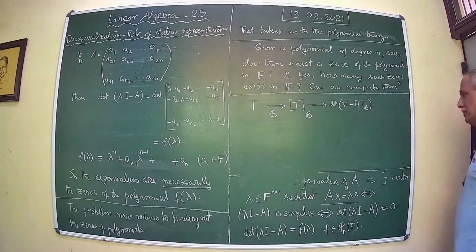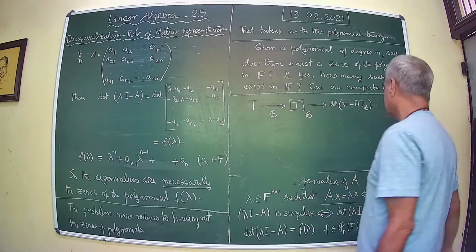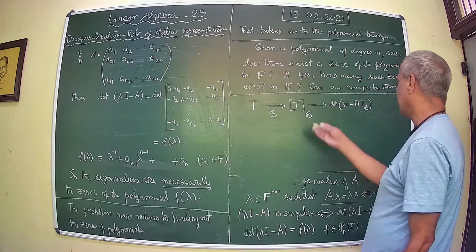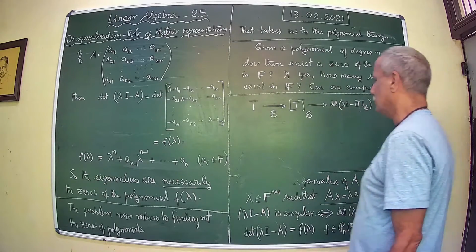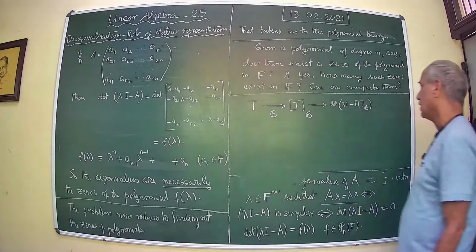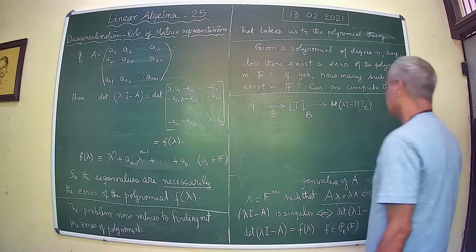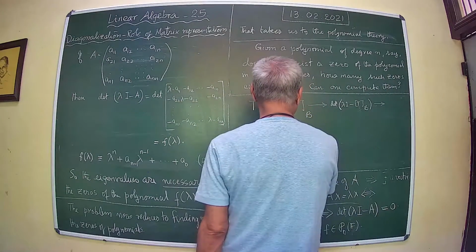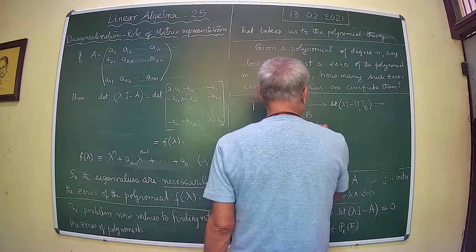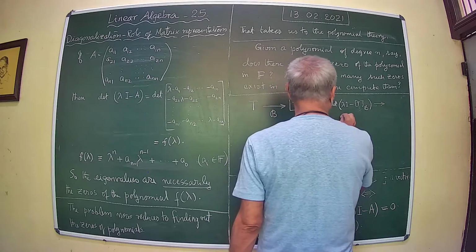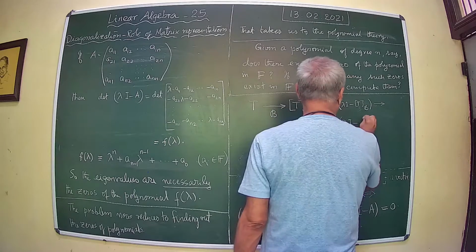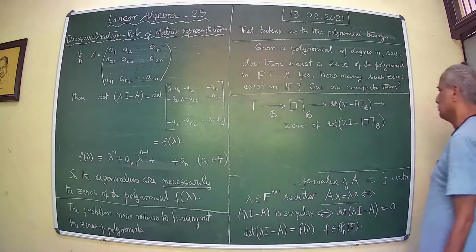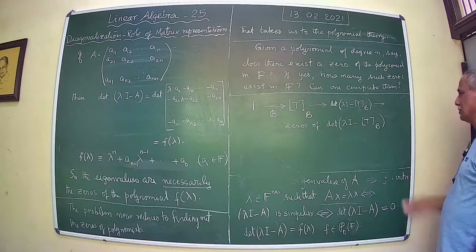You know that this is an invariant, so it does not depend on B. For any choice of B, whatever matrix you get, that will have the same determinant. And then the zeros of the characteristic polynomial. So this is where we reach.